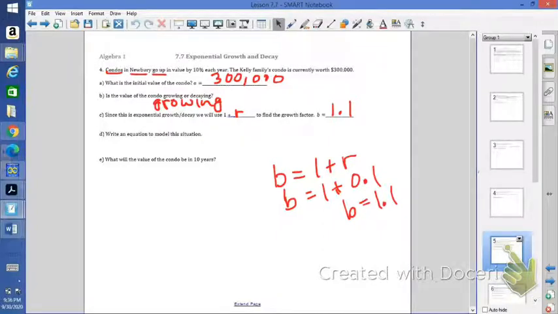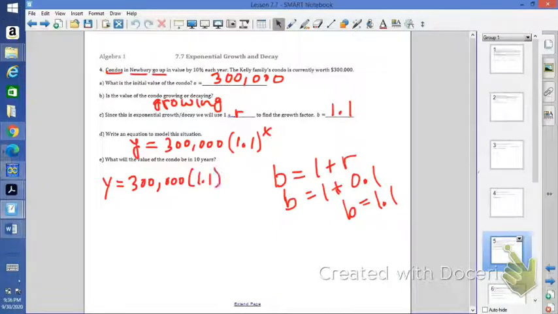Right, now we can write an equation to model this situation. y equals our a, which is 300,000, times our b, which is 1.1, to the x. What will the value of the condo be in 10 years? So y equals 300,000 times 1.1 to the 10th power.